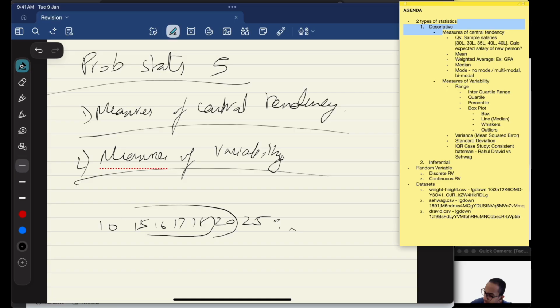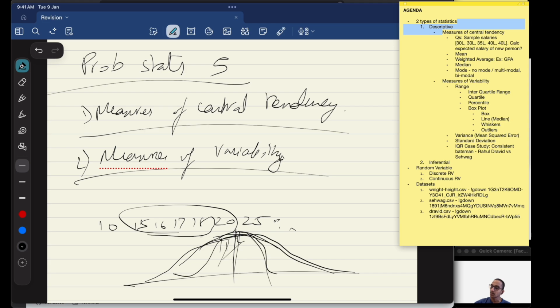If we take a graph, you will see something like a bell curve. The data is mostly concentrated around here, and you're trying to find out that concentration point. That is what measures of central tendency primarily finds out.